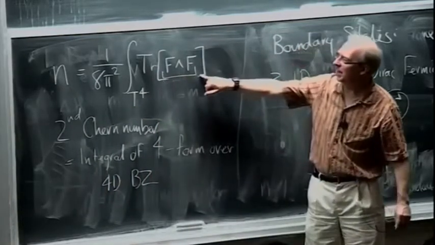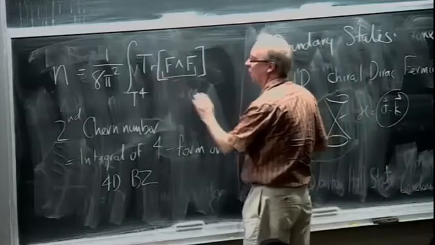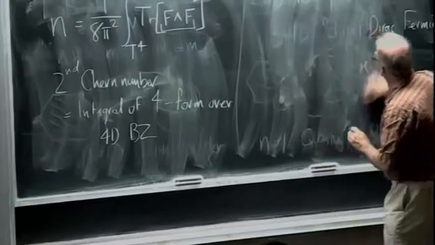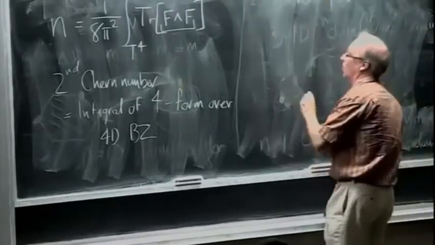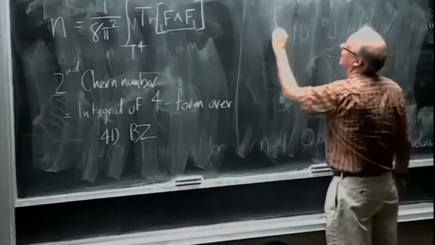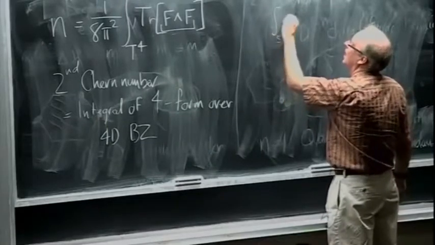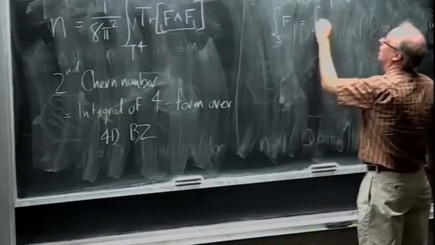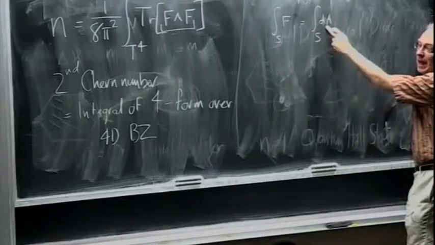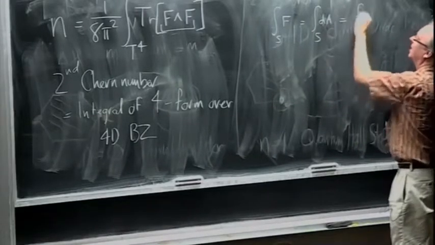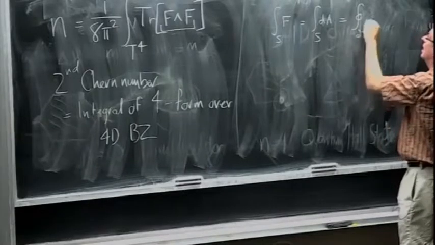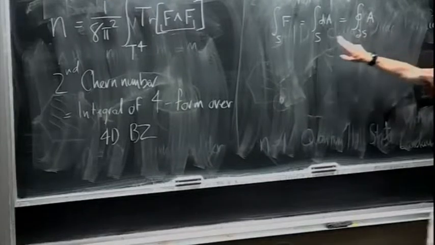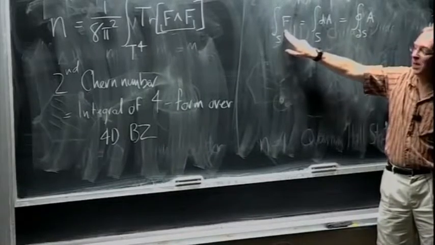In the abelian case, I can write the integral over some volume of F, which is really the curl of A, as an integral on the boundary of A. This is the Berry phase, and I can write that in terms of the flux.